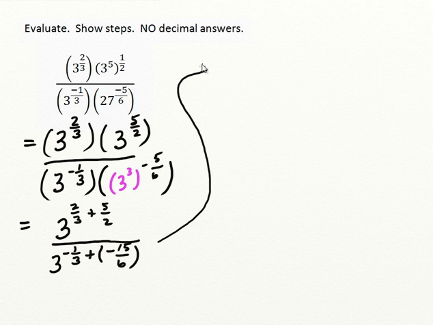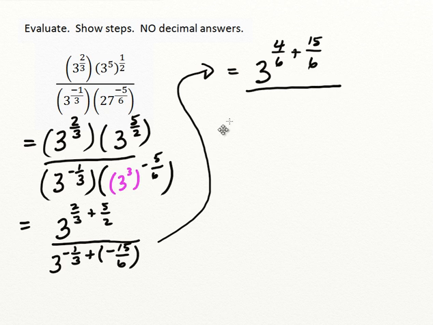All right. Now let's start cleaning this up. Well, I need a common denominator, right? If I'm adding fractions together, we need a common denominator. 6 looks like it would be an appropriate denominator for the top as well as the bottom, so this is working out quite nicely. So let's go ahead and get a common denominator and start adding these fractions together. So 2/3 is 4/6, and 5/2 would be 15/6.